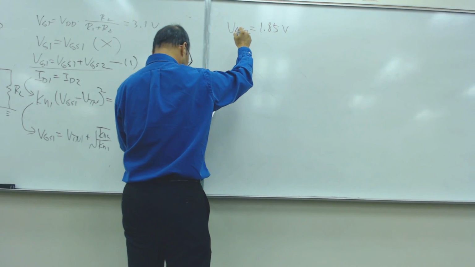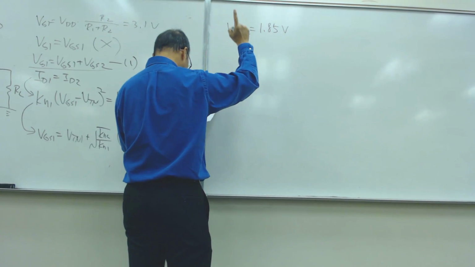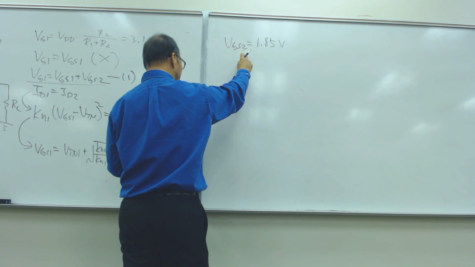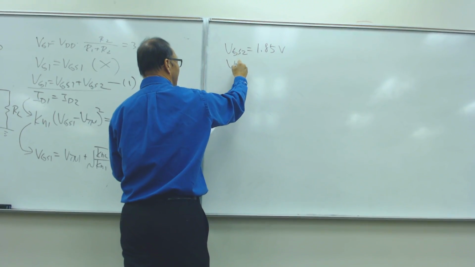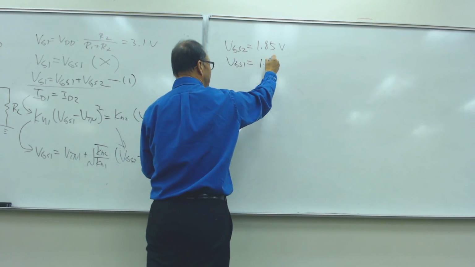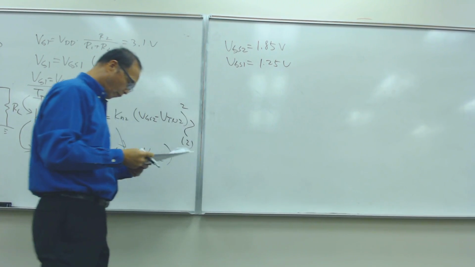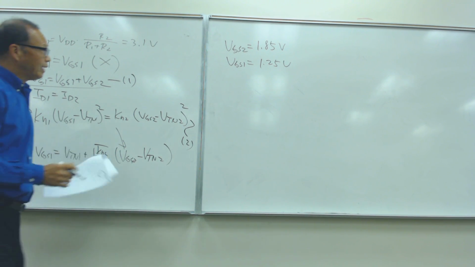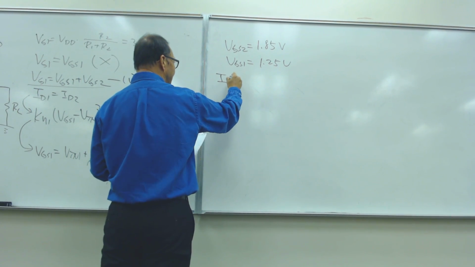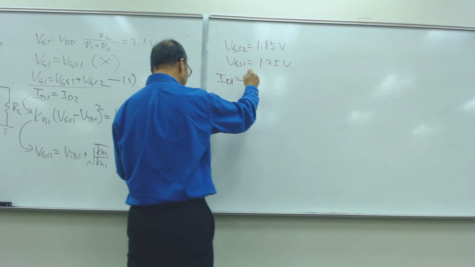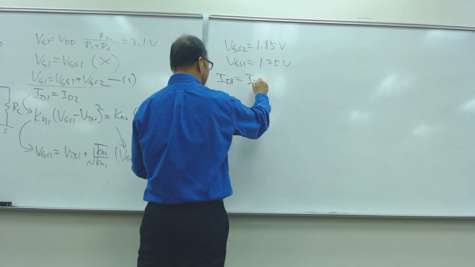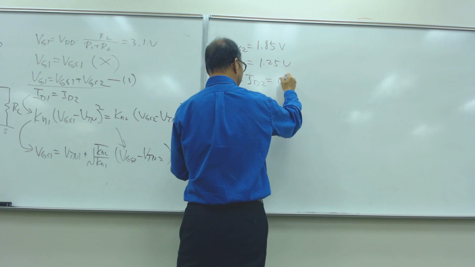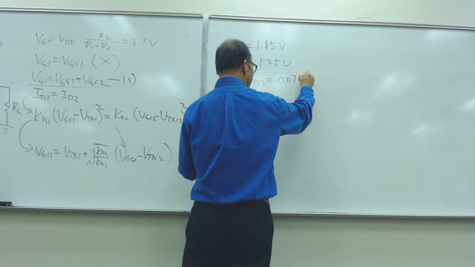Maybe just no, it's not a quadratic. Okay, you have one root. So you have VGS2 equal to 1.85, and VGS1 equal to 1.85. And then once you have that, you know ID1, right? ID1, the calculation, is 0.07 milliamp.